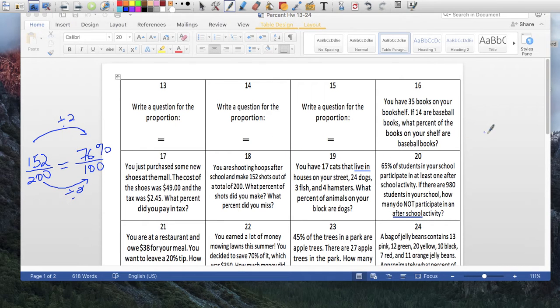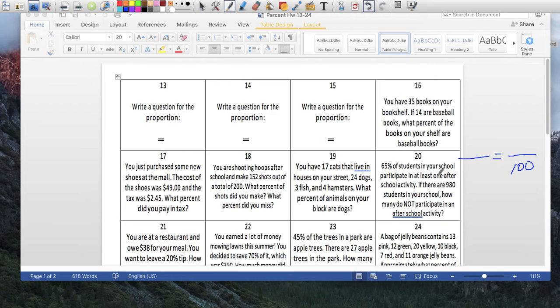19, you have cats that live in houses. 17 cats, 24 dogs, 3 fish, 4 hamsters. Jeez. What percent of the animals are dogs? Okay. So 100, so it's still a percent. So what's the total number of animals? So 17 plus 24 plus 3 plus 4, and that all equals 48.